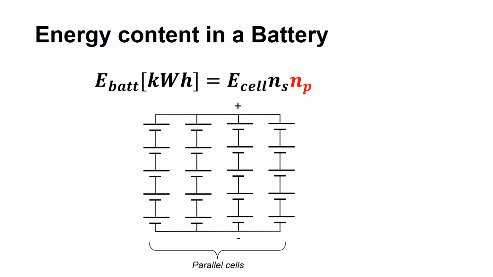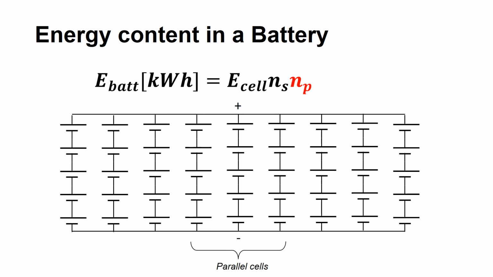Adding up to 5 strings will have the energy content as a GM Volt. Adding even more strings, parallel connected, up to 9, will be a level of Tesla Model S, which will be 90 kilowatt-hours.